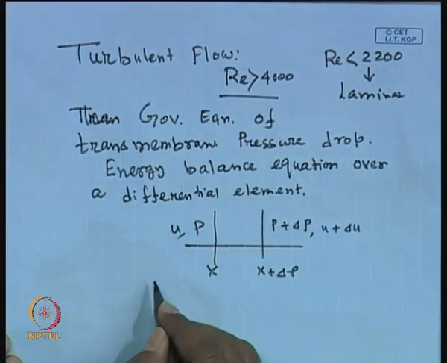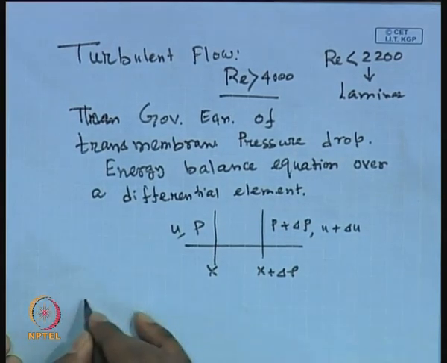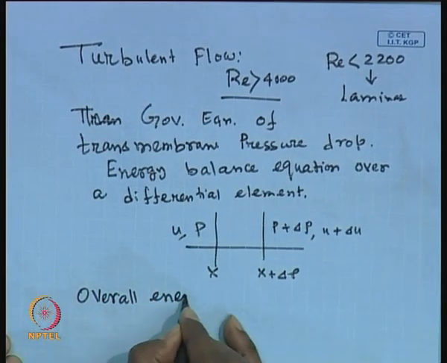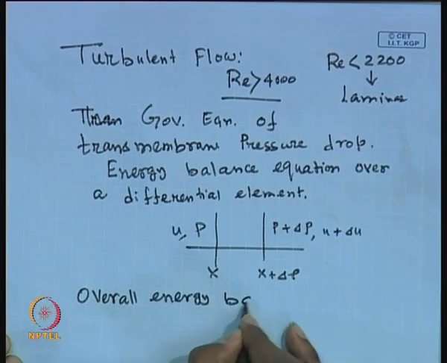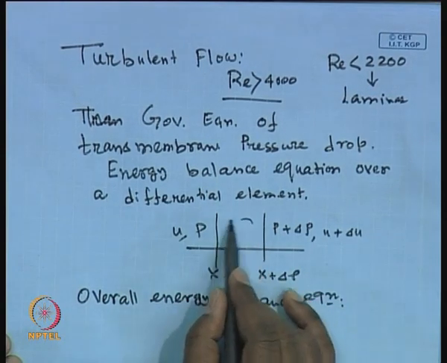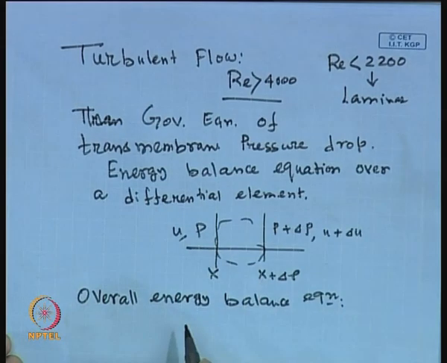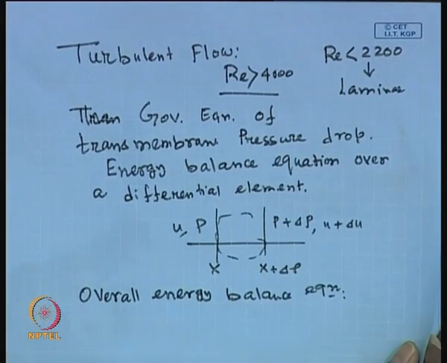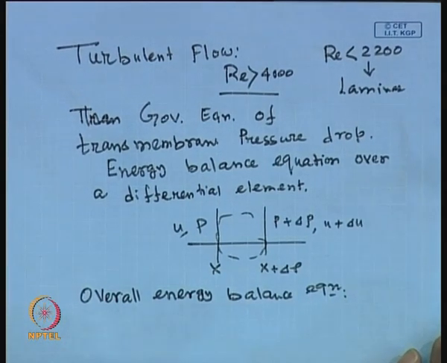Now, you have to write down the overall energy balance equation on this differential element of the module. If you do that, I am just writing the final expression. You just go into your textbook and see whether you will be able to derive this equation from the fundamental equations of energy balance. Okay.